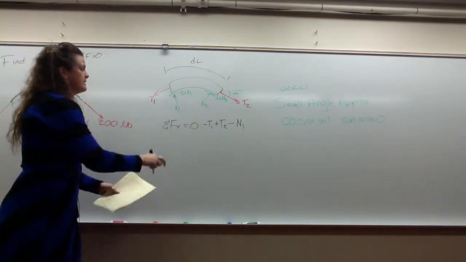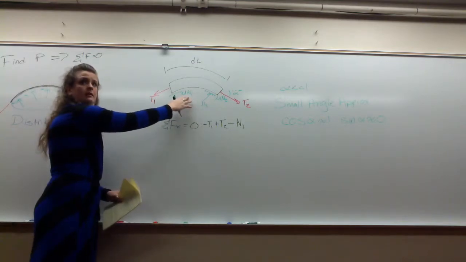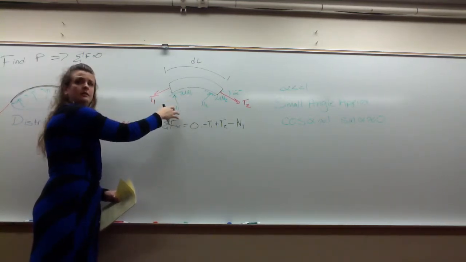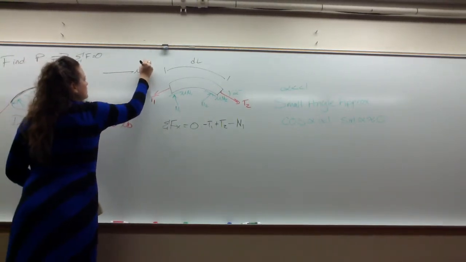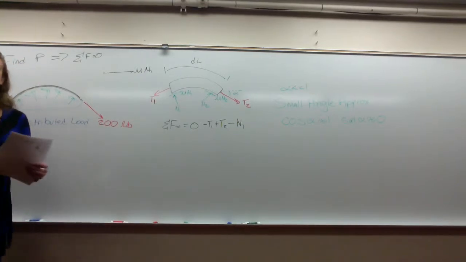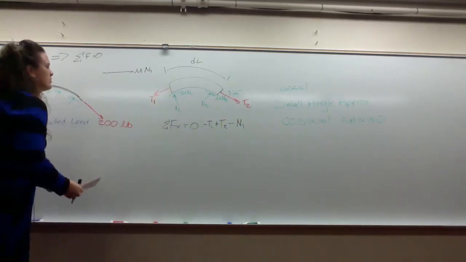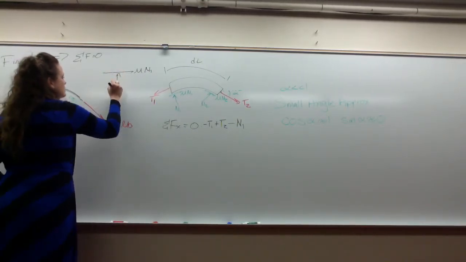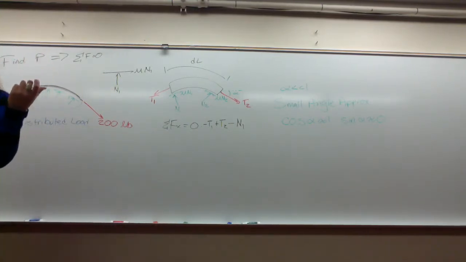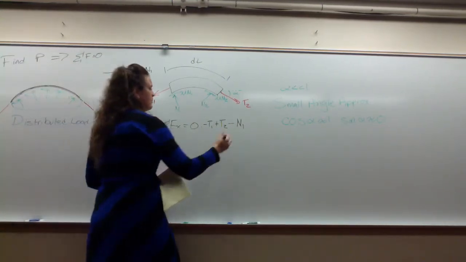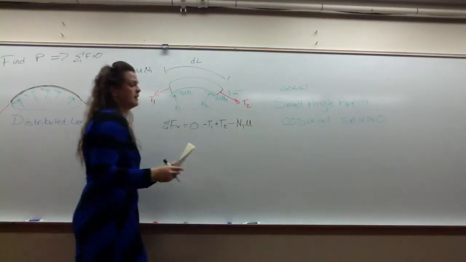Are you talking about this N1 or this N1? If alpha is 0, our friction force at the point of contact over here on the left is horizontal, and this normal force is vertical, with the small angle approximation. So this N1 is actually my friction force.